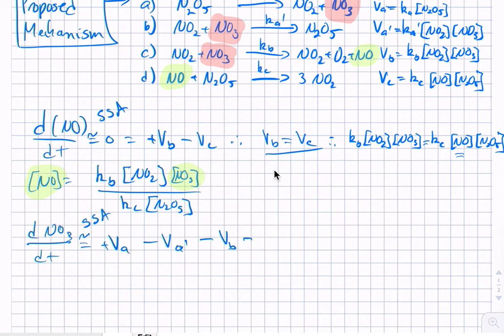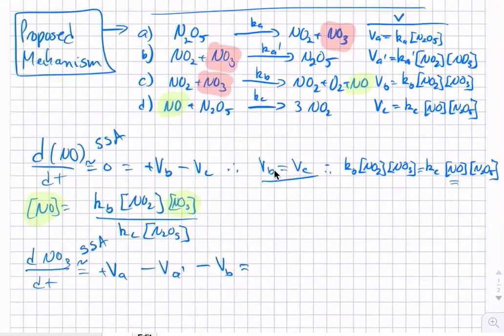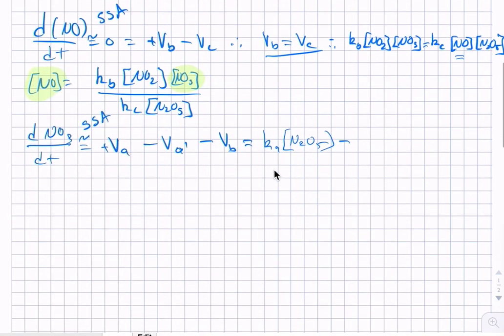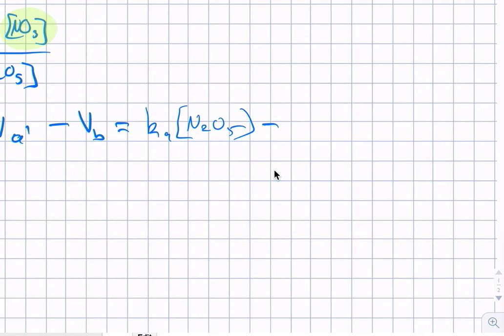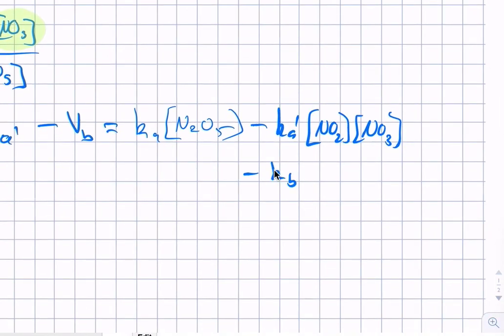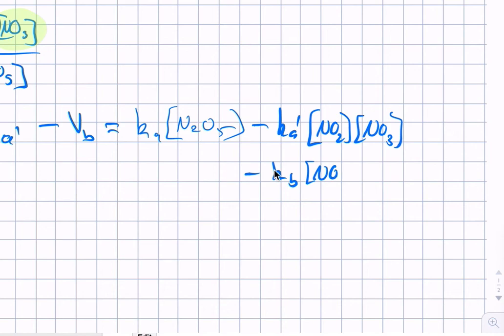So this will equal VA, which is equal to Ka, concentration of N2O5, minus Ka prime, NO2 and NO3, and then below, minus Kb, NO2, NO3, and this has to equal 0.